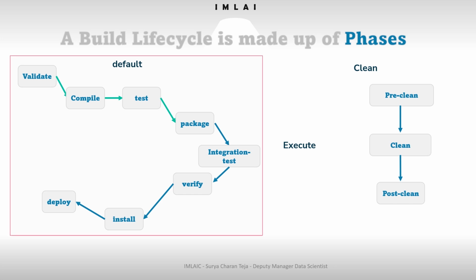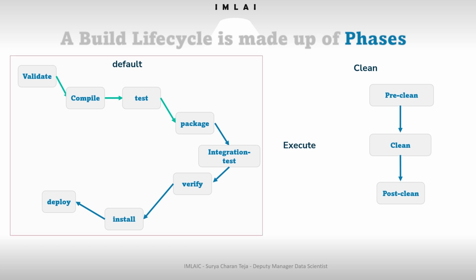Then we will go for the install phase. Install installs the package into the local repository. That's what we call install. Once the package has been installed into the local repository, it can be used as a dependency in your project locally.